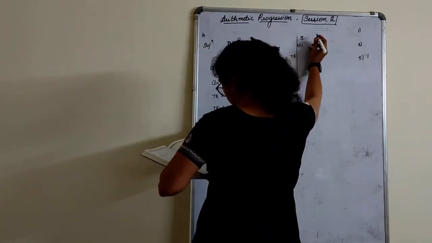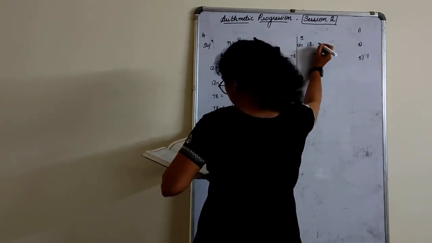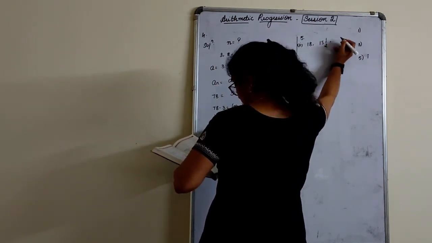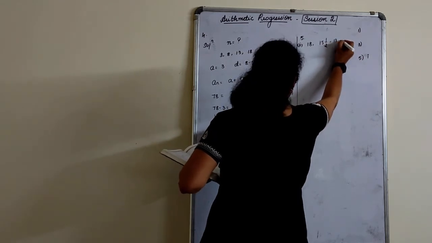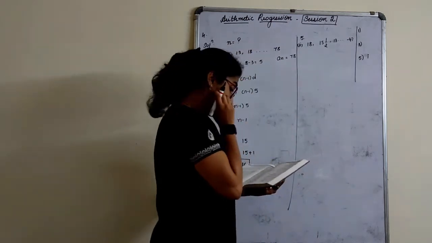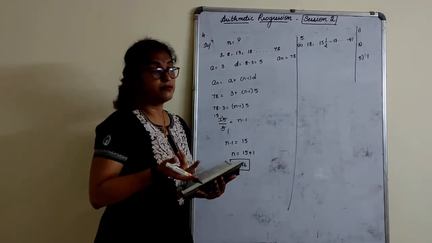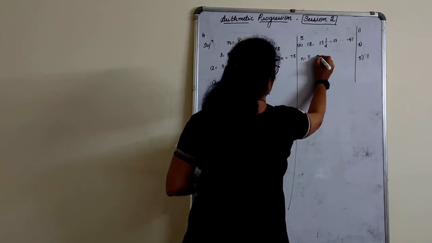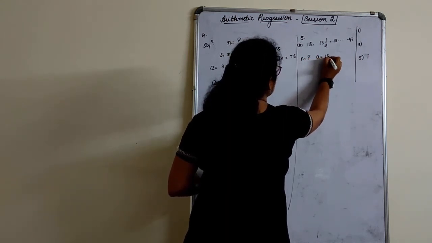First write the AP. AP is 18, 15 1 by 2, 13, and so on up to minus 47. Find the number of terms. What do you mean by this? n is equal to question mark, right? So what is a? a is 18.